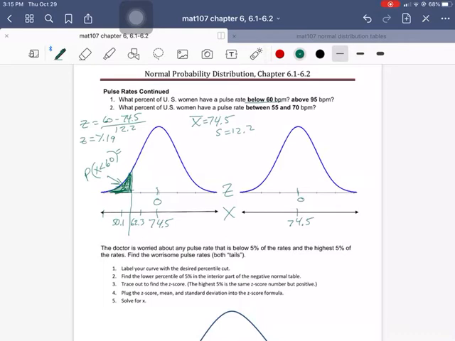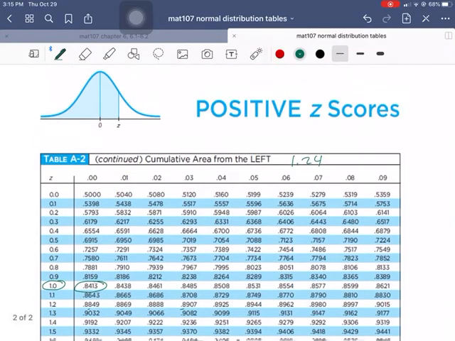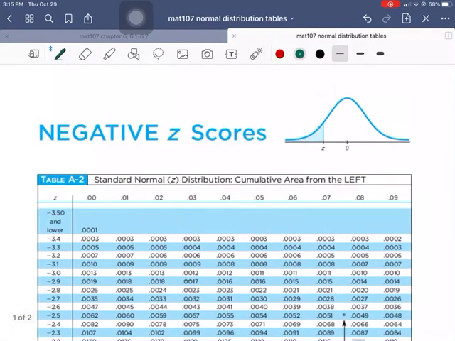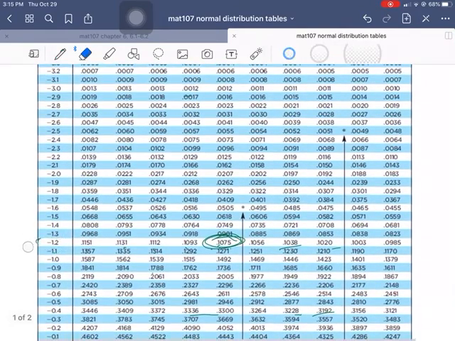Remember, this is going to be on the negative side. So we're going to go down to negative 1.1 right here, and we're going to go over to 0.09, which is all the way to the end here.